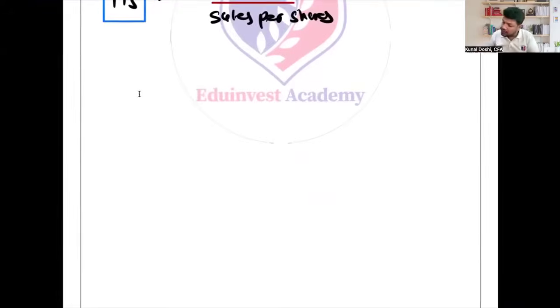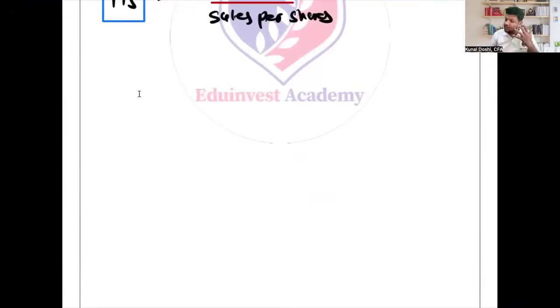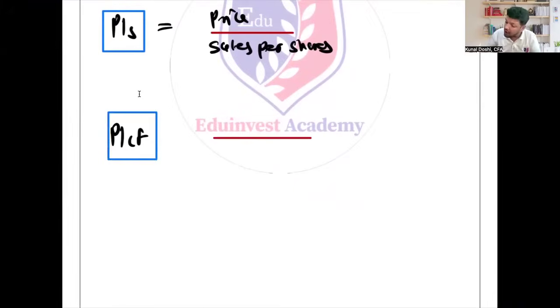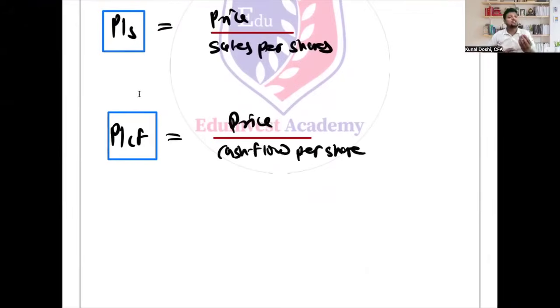Now, the most important amongst all the other ratios apart from the P/E ratio is the price to cash flow, the third type of ratio. And here things will become interesting because what exactly do I mean by cash flow? I know it is price over cash flow per share. But which type of cash flow should I take?